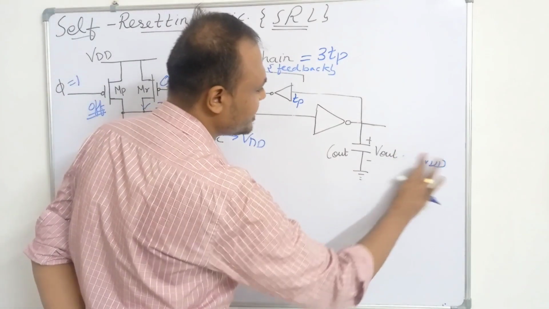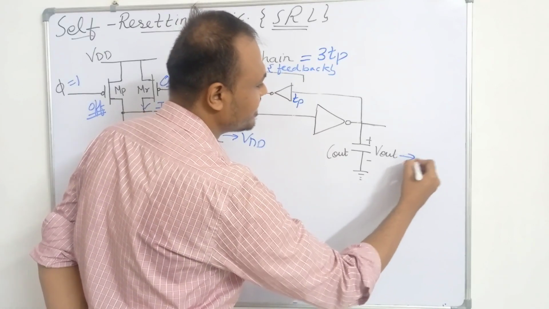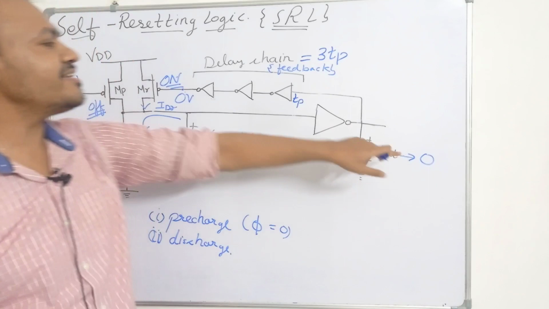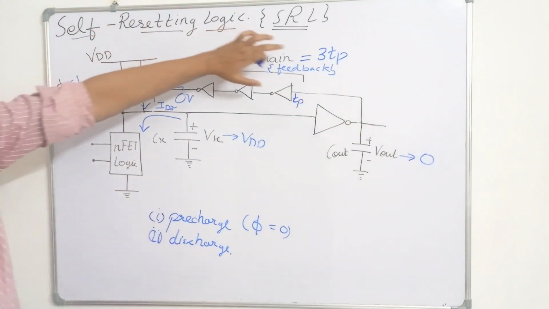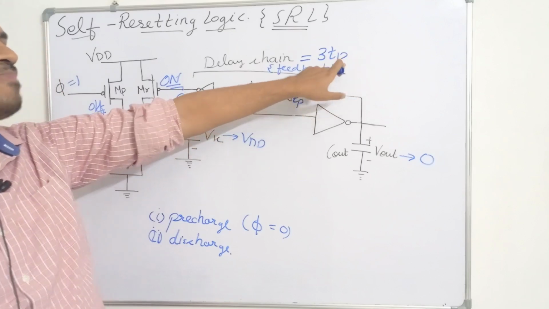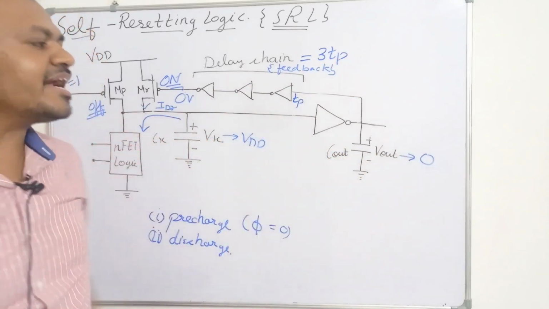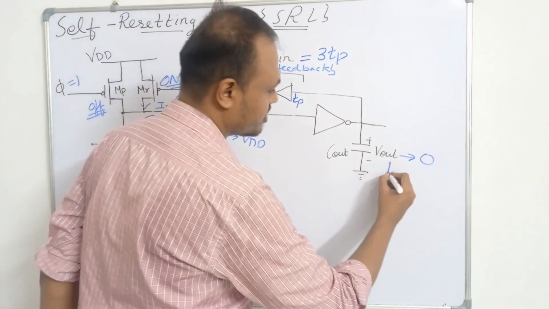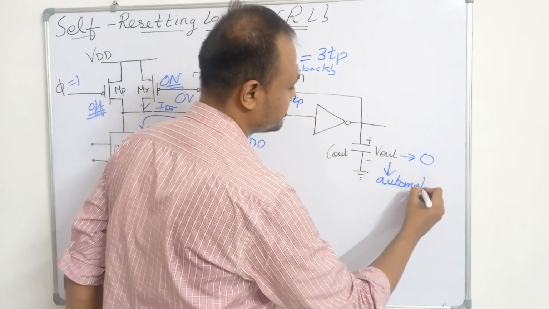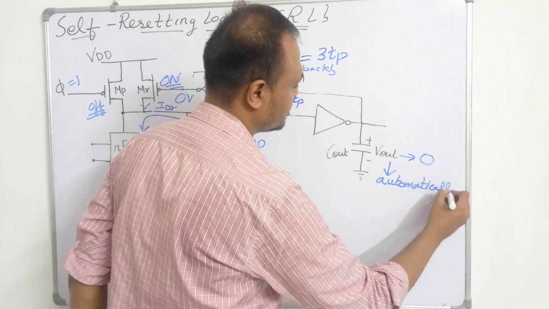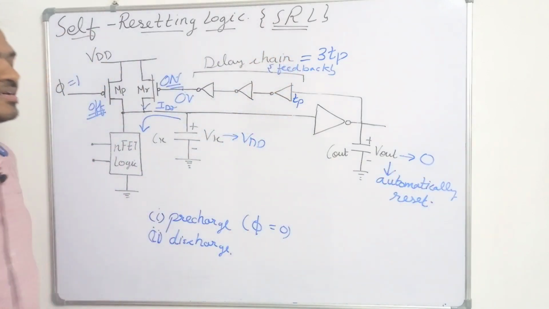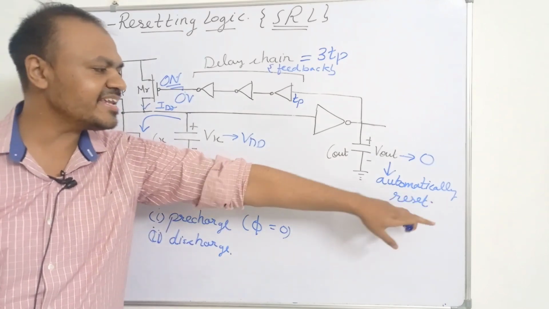So Vx goes to VDD, so Vout will again reset to 0. Vout resetting to 0, that is why it is called self-resetting logic. After a propagation delay of 3 Tp, this Vout will automatically reset to 0. We have not reset it, it automatically reset itself.